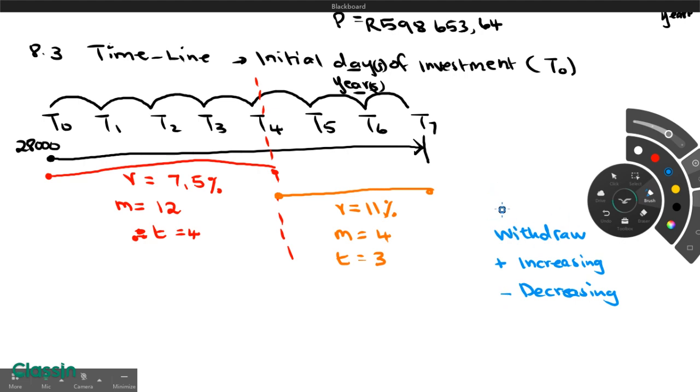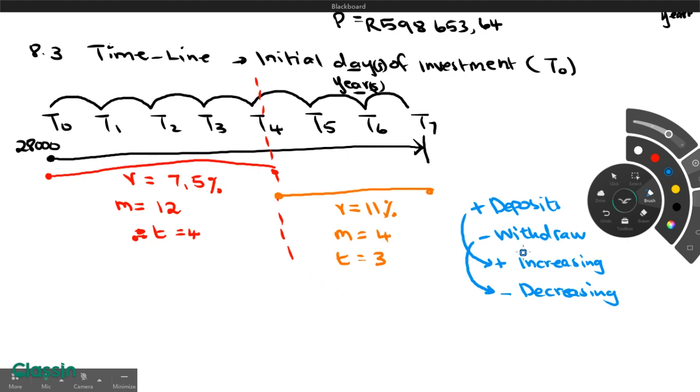So it is not only withdrawal. Sometimes it can be deposit. When you deposit, it means that you are adding, but when you withdraw, you are subtracting. So a deposit will see an increase, and a withdrawal will observe a decrease in the value of money.